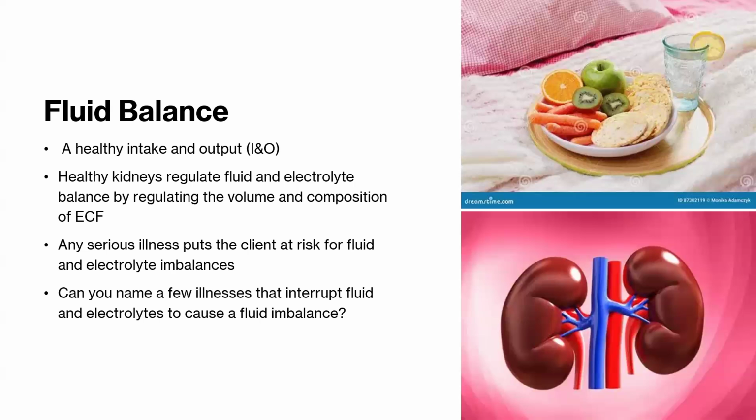Burns impair the skin. The skin is our first defense against infection, but it's also our defense against insensible water loss. It helps us maintain our balances. It protects us from losing too many fluids. When we burn the skin, the first thing that you notice happens is that we'll get a blister, and the blister is the movement of that water that forms over the skin to try to repair it.